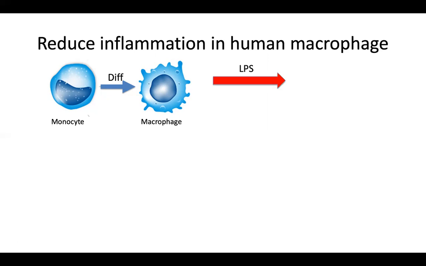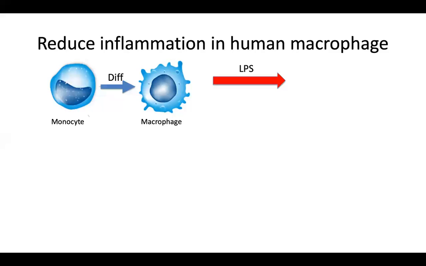And after that, you would add something that makes it inflamed. And in this case, scientists use a molecule called LPS, or lipopolysaccharide. This is a molecule on the surface of E. coli or some bacteria.